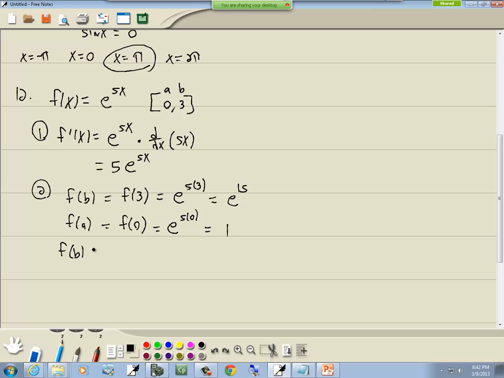So then we've got f of b minus f of a over b minus a. So we're going to have e to the 15th power minus 1 over 3 minus 0, which gives us e to the 15th minus 1 over 3.